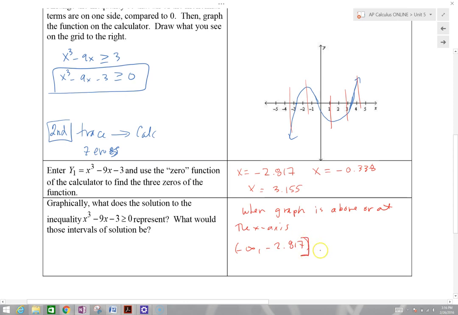And it also happens when x is greater than or equal to 3.155 all the way to infinity.